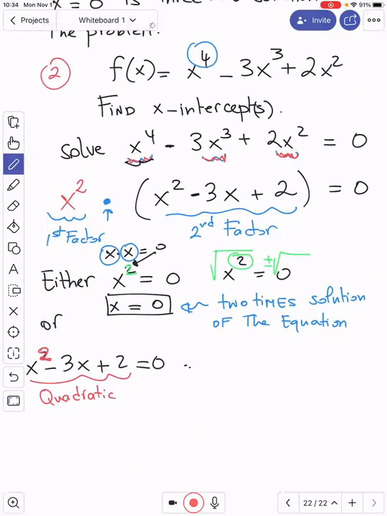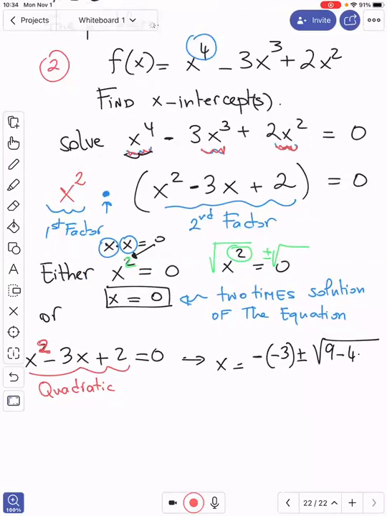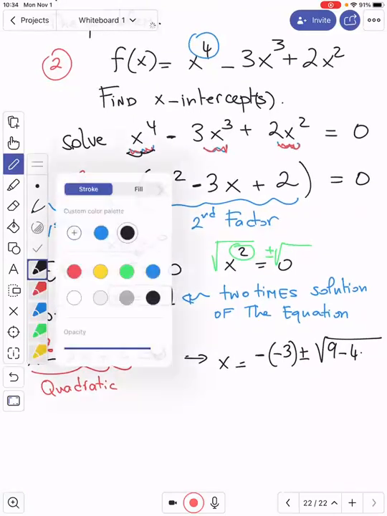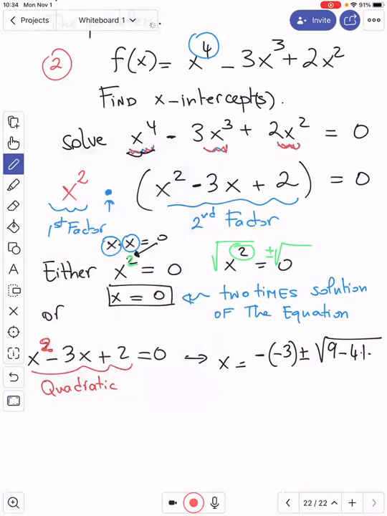So then your x is minus b, that will be minus negative 3, plus or minus square root of b squared. That would be negative 3 squared, that would be 9, minus 4 times a. A is, what's a? It's 1, right? Just 1. So times 1 times the c, which is positive 2. The whole thing divided by 2a.